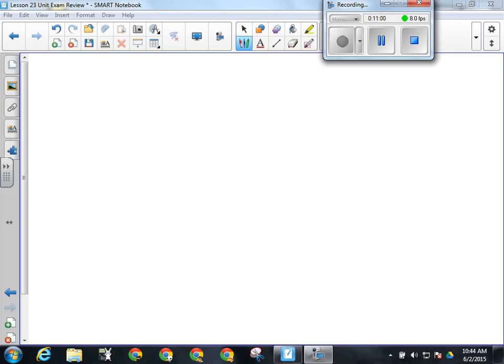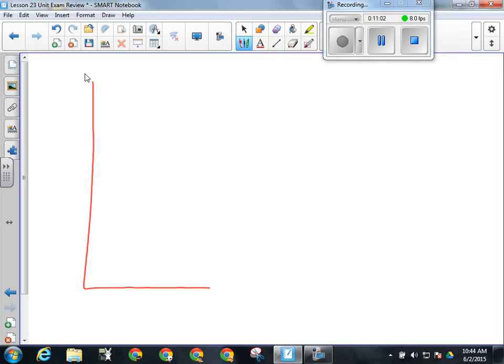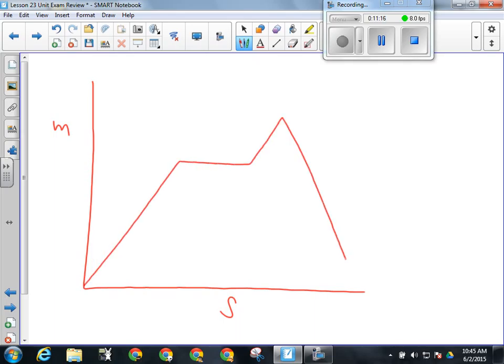So with graphing here, guys, let's look at position versus time graphs first. We've got meters and seconds most likely on this graph, and let's say we've got a graph that goes maybe something like this, and then over, and then up, and then down.